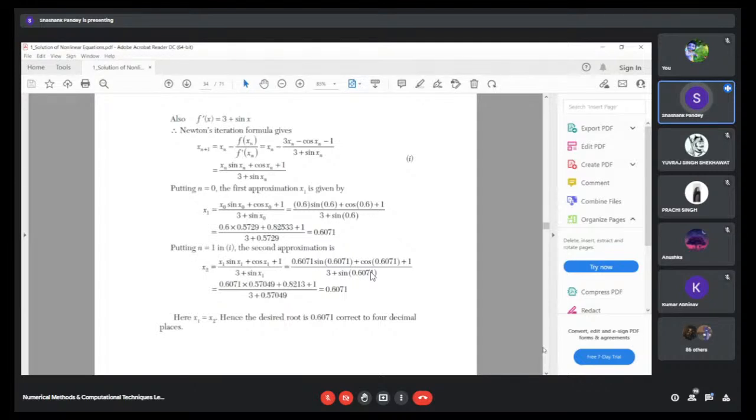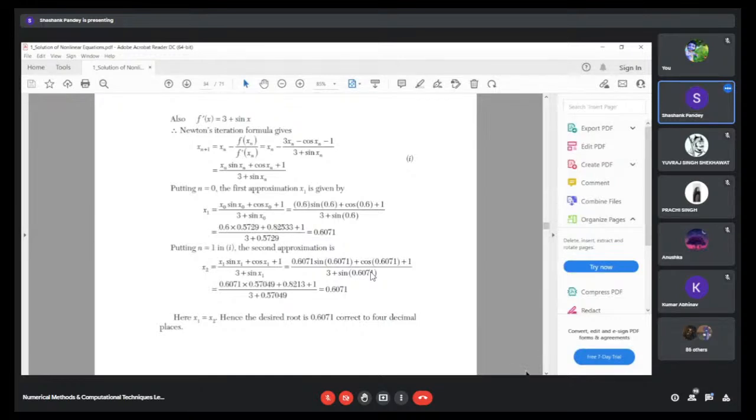Again, we use equation number 1, the general formula for Newton-Raphson, and substitute x1 as 0.6071, and the corresponding value of x2 we obtain as 0.6071. Here we see that x1 and x2 are equal. The Newton-Raphson formula gave the correct answer, one of the roots, as 0.6071 in the second iteration itself.